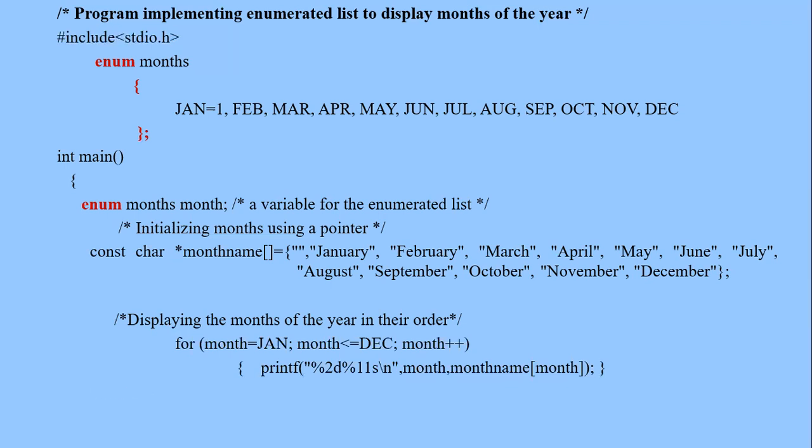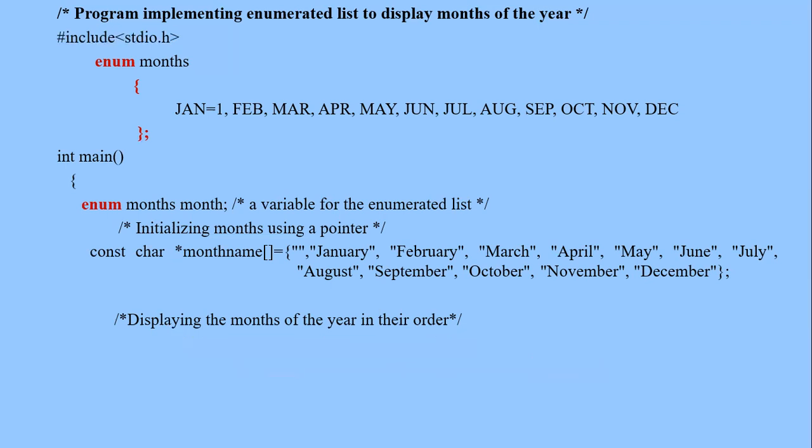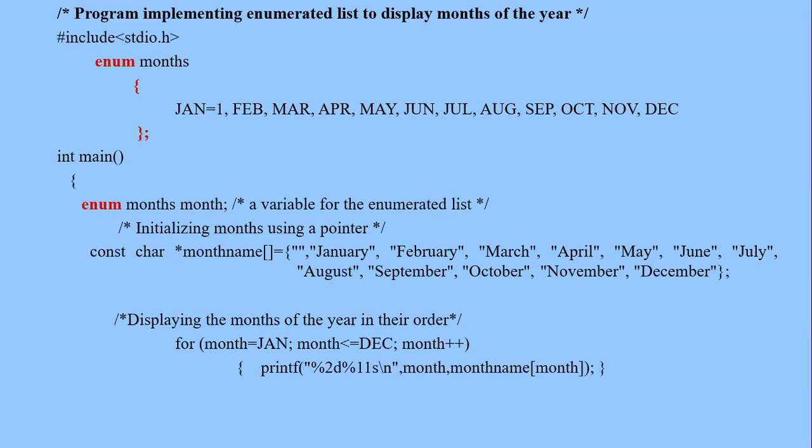Once that is done, increment the content of the memory location called month again with 1. So 2 plus 1 becomes 3. Check if the content of month is less than or equals to DEC, that is 12. It is true. Therefore, display 3 followed by the month name represented by that position in our list, which is March.